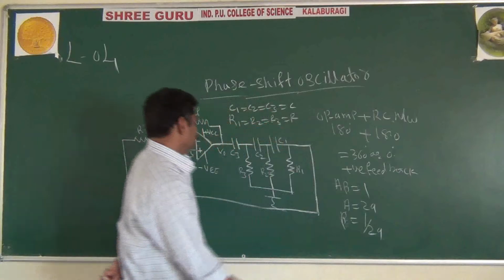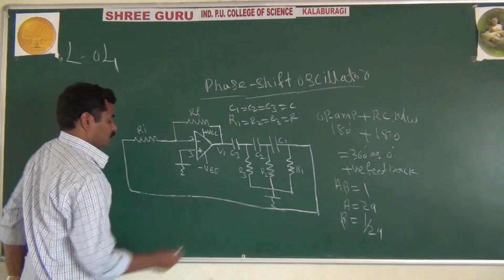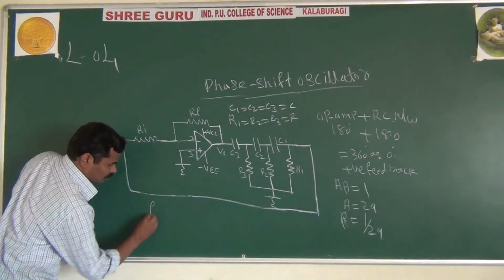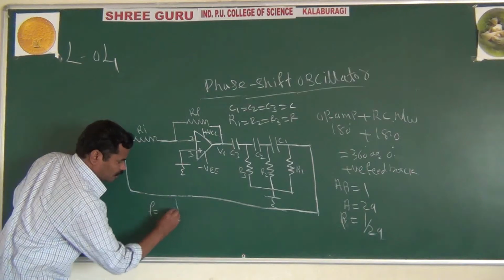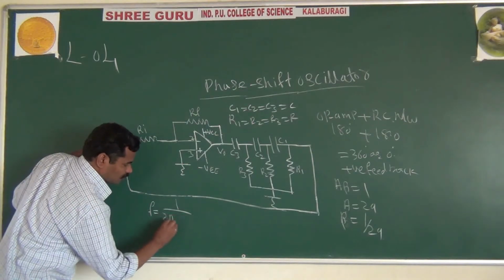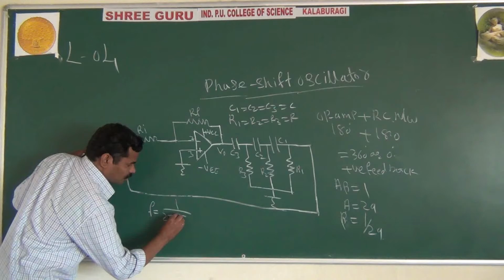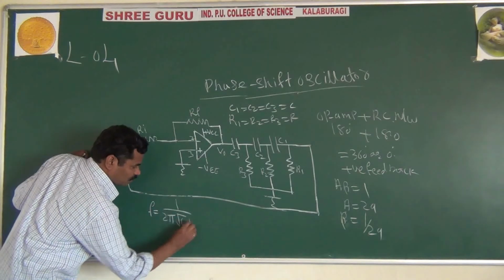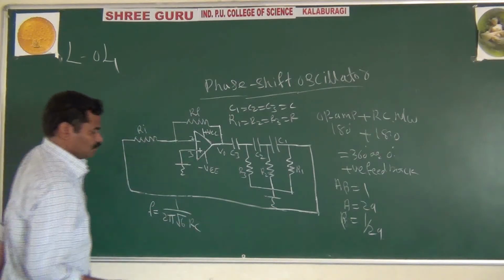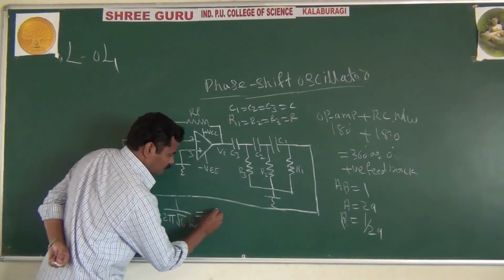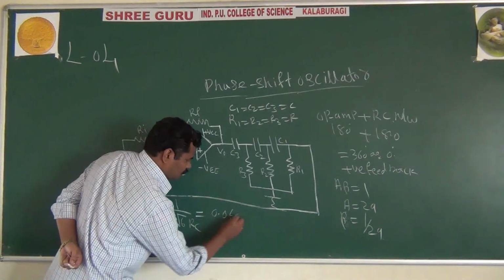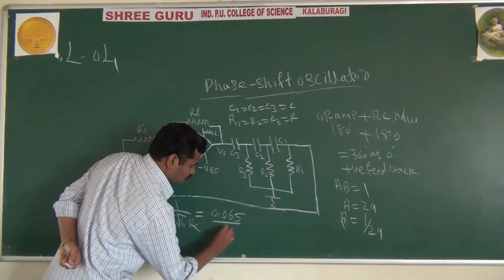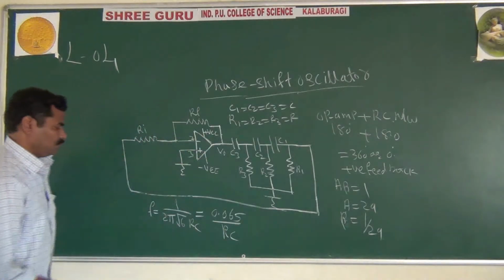And we get the frequency of oscillations: F is equal to 1 divided by 2 pi square root of 6 into R and C, or it is equal to 0.065 by R and C. This is the resonant frequency.